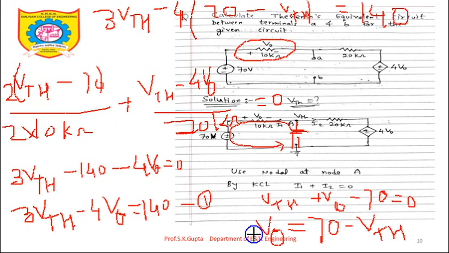So I have substituted this value of V0 in equation number 1. Now I will try to solve it orally. 3 VTH minus 4 into 70, minus 280. And minus times minus gives plus 4 VTH, equal to 140. So 3 VTH plus 4 VTH, 7 VTH.